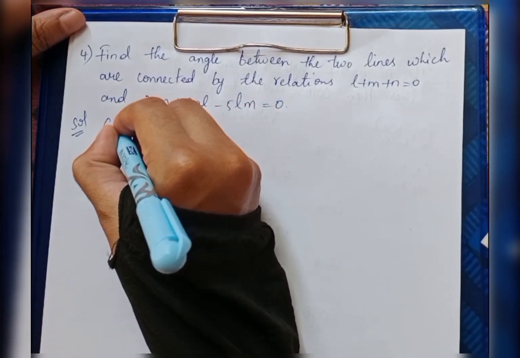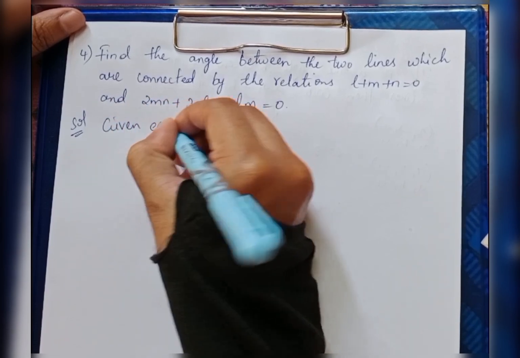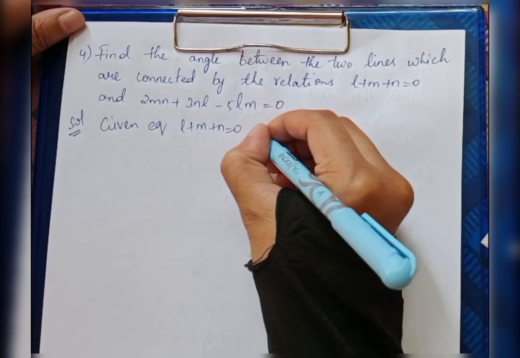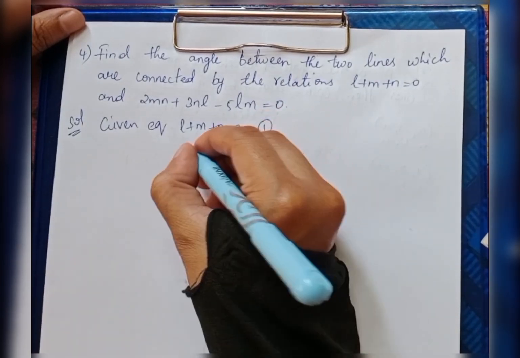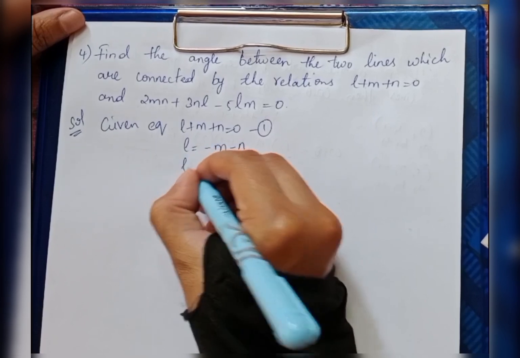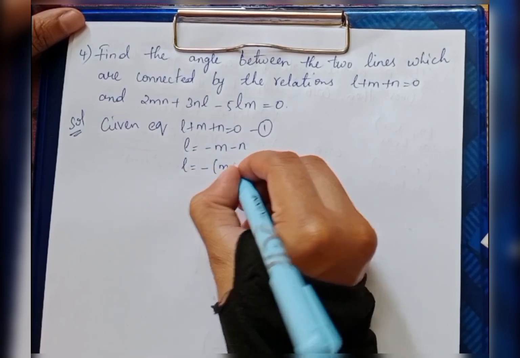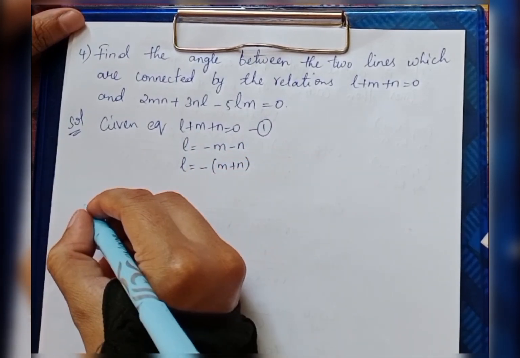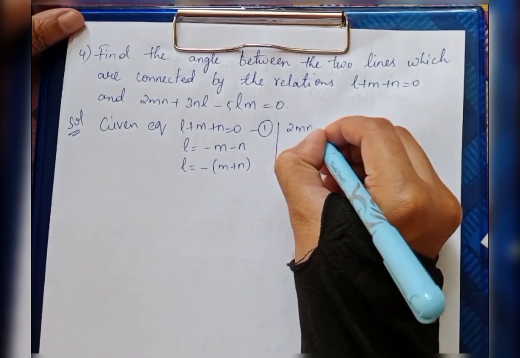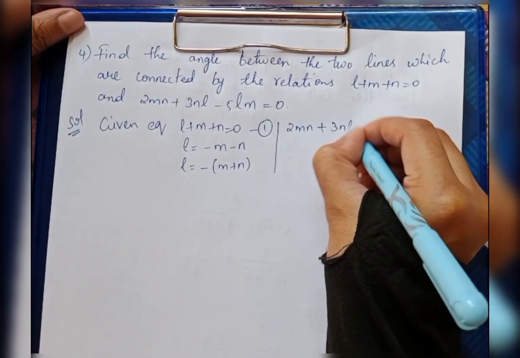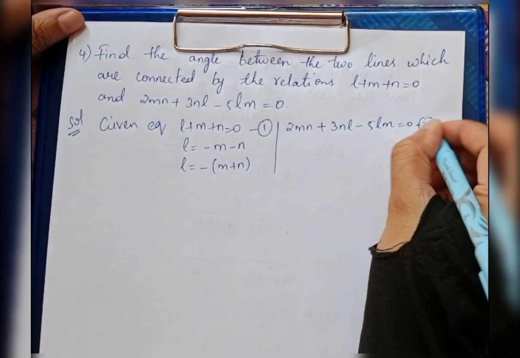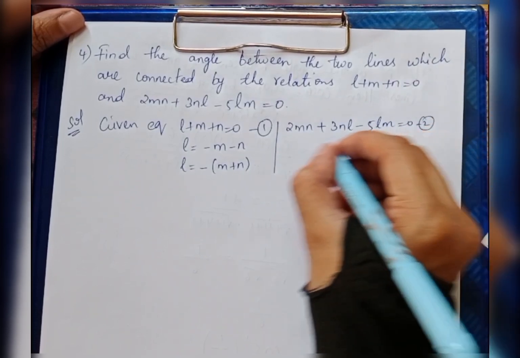So the given equation is L plus m plus n equals to 0 as equation 1. L is equal to minus m minus n, taking negative common, so it will be minus of m plus n. And our equation 2 is 2mn plus 3nl minus 5lm equals to 0.